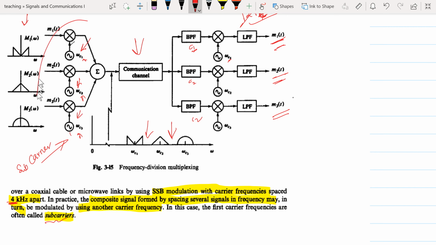But now the three of them can be used to modulate another carrier, such that the other carrier now carries the modulated signal. On the receiving end, you demodulate, and then you are able to apply the bandpass filters to retrieve the subcarriers C1, C2, and C3.